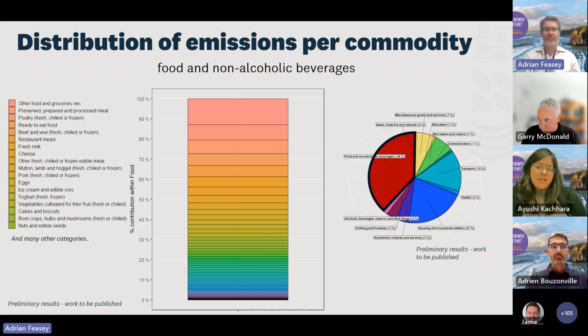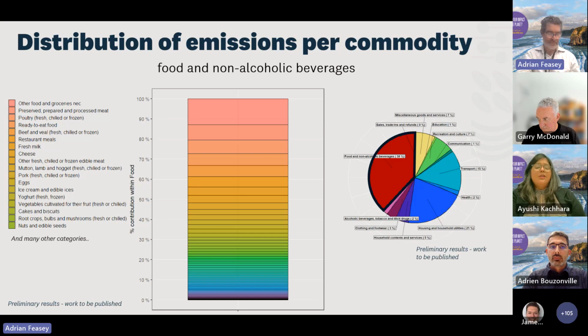It's dominated by meat and poultry, dairy, grocery items, and there's one vegetable floating around there somewhere. These are only preliminary results. We're still looking into that, but the key thing is 40% of food consumption emissions can be attributed to meat, poultry, and dairy.